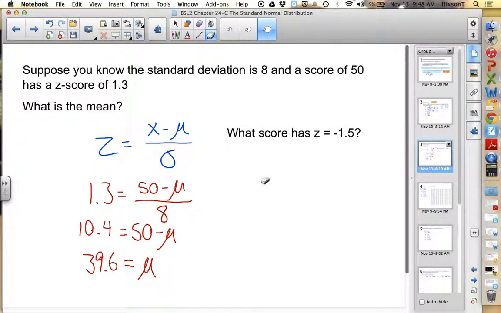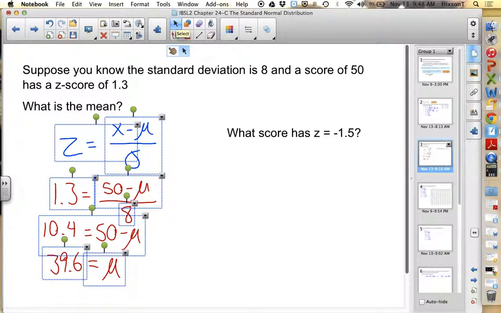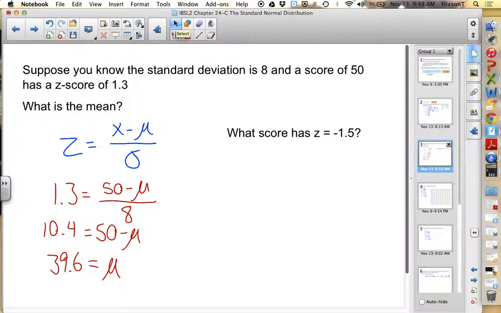How might we figure this one out? Emily? Plug in -1.5 for z, and then using the formula, plug in 39.6 for the mean, and then divide by 8 and solve for x. Yeah, okay.